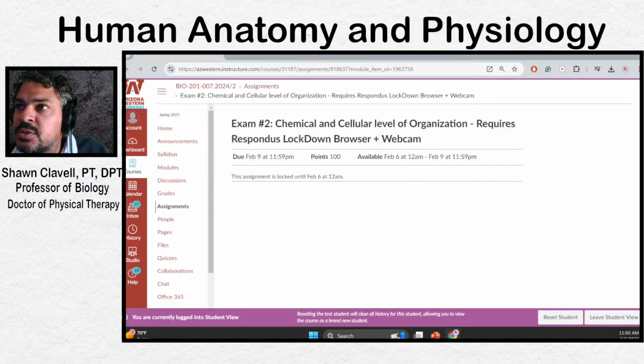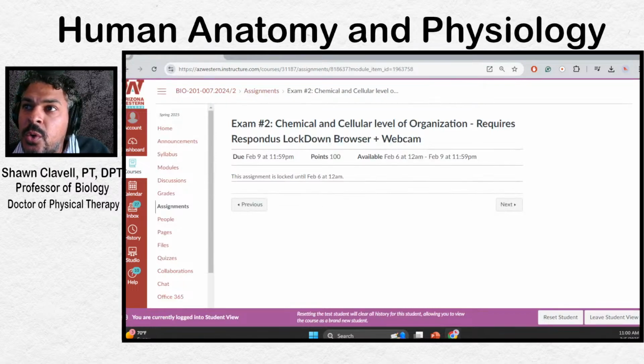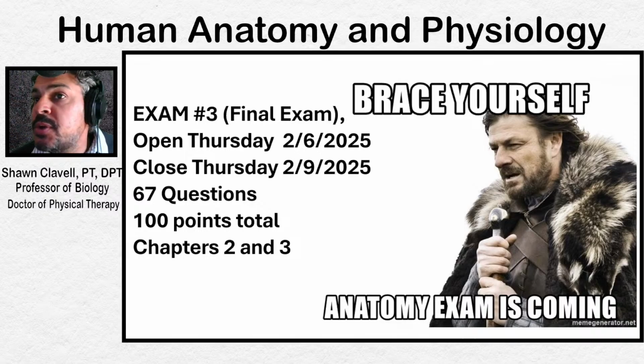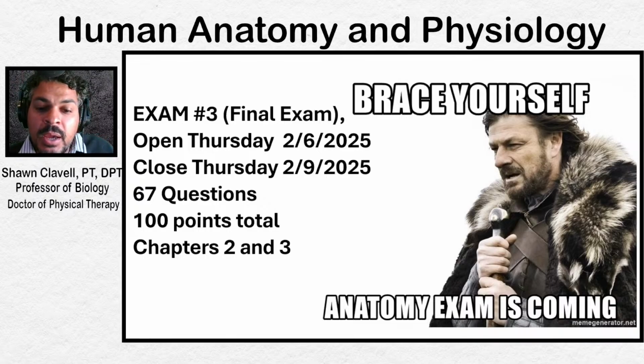It's not open until tomorrow. It is worth 100 points. You can see there, this exam will contain 67 questions, and it will cover Chapter 2, which is the chemistry of life, and Chapter 3, cell biology.